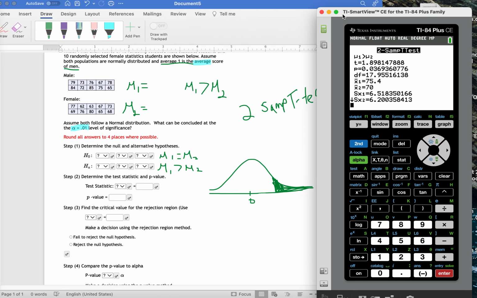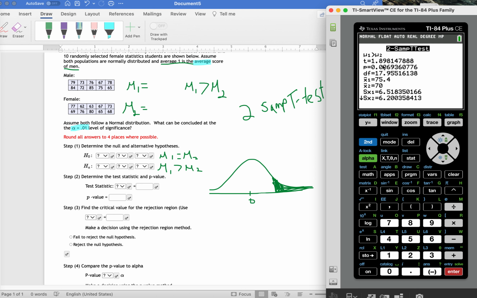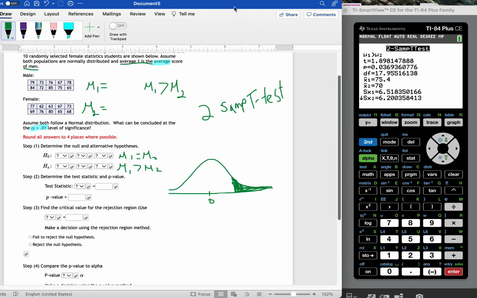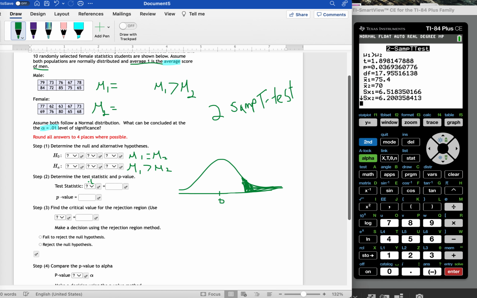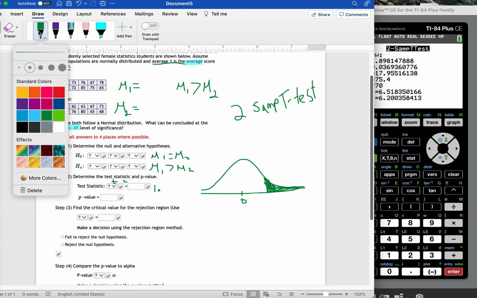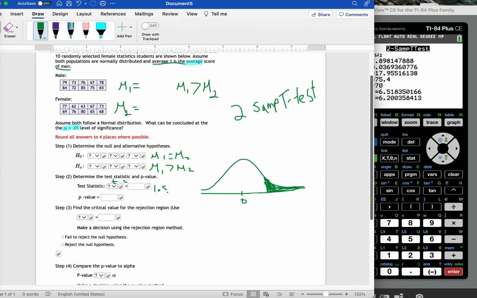So it says my test statistic is 1.8981. Let me write this down. So this is going to be t for my distribution. And then for my test statistic, rounding it to 4 places, I got 1.8981.